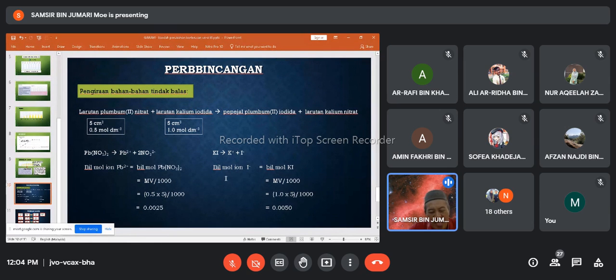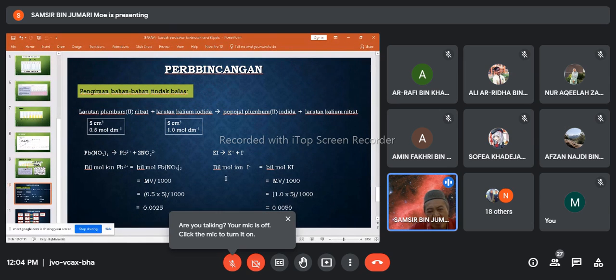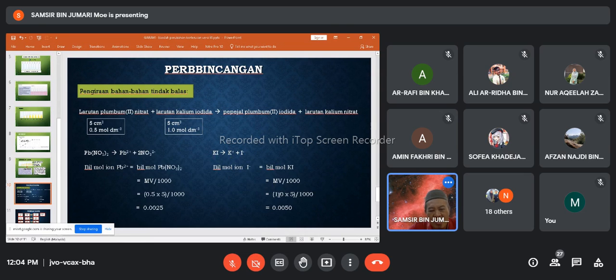Okay, and the same way we calculate the number of mole of iodide ion from the equation. Okay, NV per thousand is 0.005.